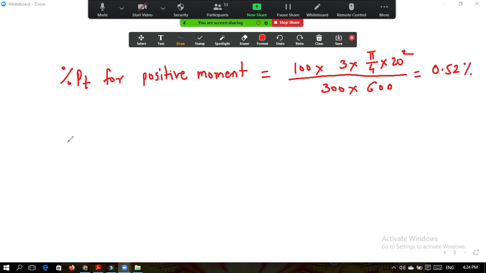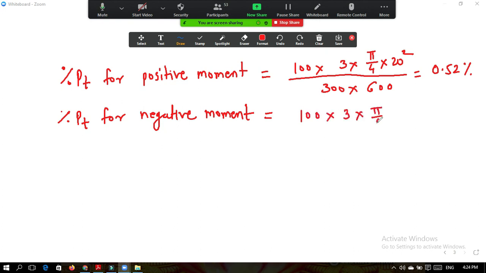And the percentage of steel for negative moment. It is again 100 into 3 into pi by 4 into 20 square divided by BD.